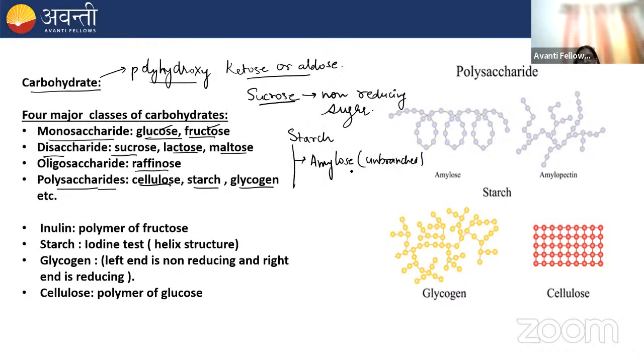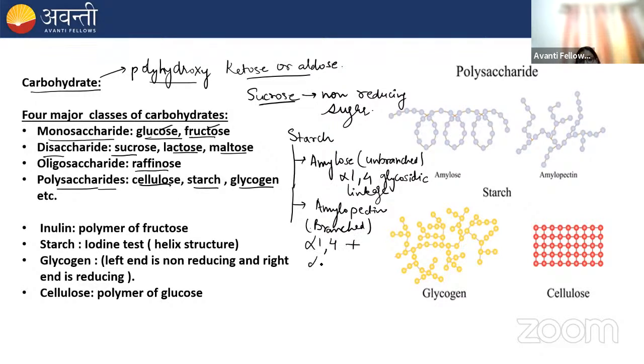Amylose is unbranched and shows alpha 1,4 glycosidic linkage. Amylopectin is branched, and it shows alpha 1,4 plus alpha 1,6 glycosidic linkage.